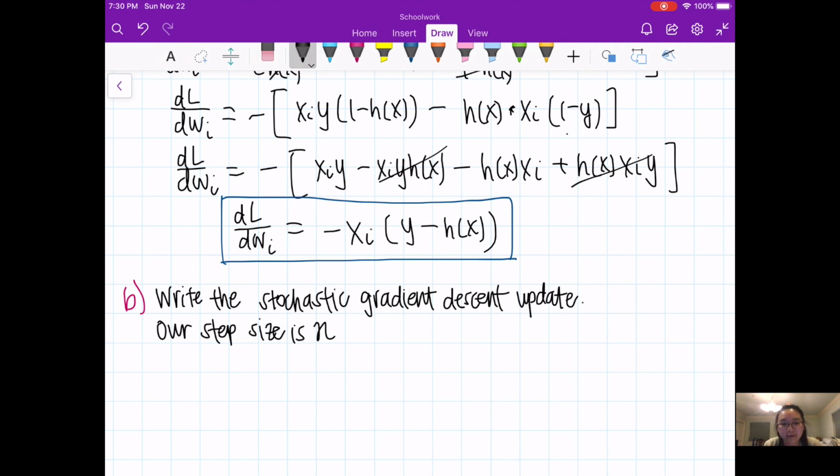So going off of our previous format, we would be updating the weight, so Wi. And how we update it is we take our current weight and we want to subtract the step size, which here is n, times our gradient. So times dl dwi.